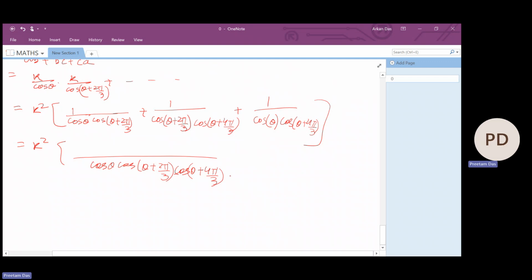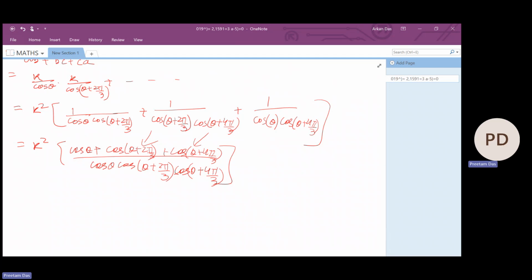So what will be the numerator in this case? It will be cos (theta plus 2 pi over 3) and then cos (theta plus 4 pi over 3), and so on. Now you have to break these expressions using the formula of cos (A plus B), cos A cos B minus sin A sin B. And then you have to simplify this expression.